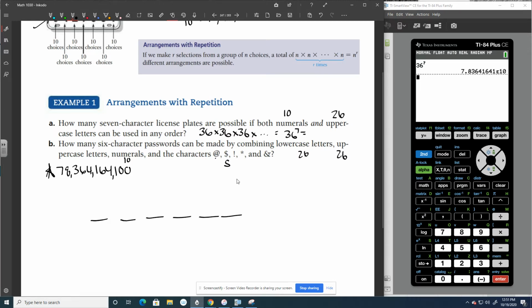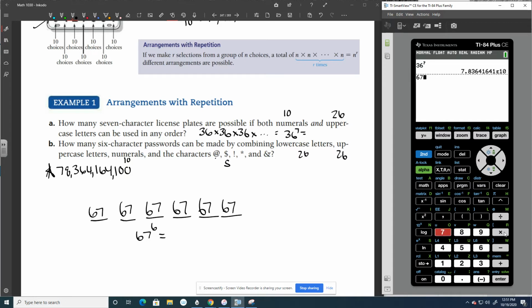So we've got 26, 52, 62, 67 different choices for that first option. And then 67 different choices for the second, and 67, 67, 67, 67. So we've got 67 different characters to choose from in all 6 positions.